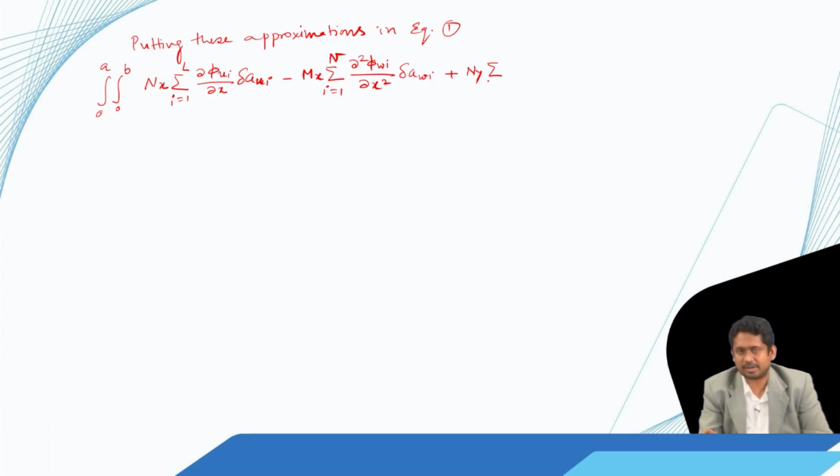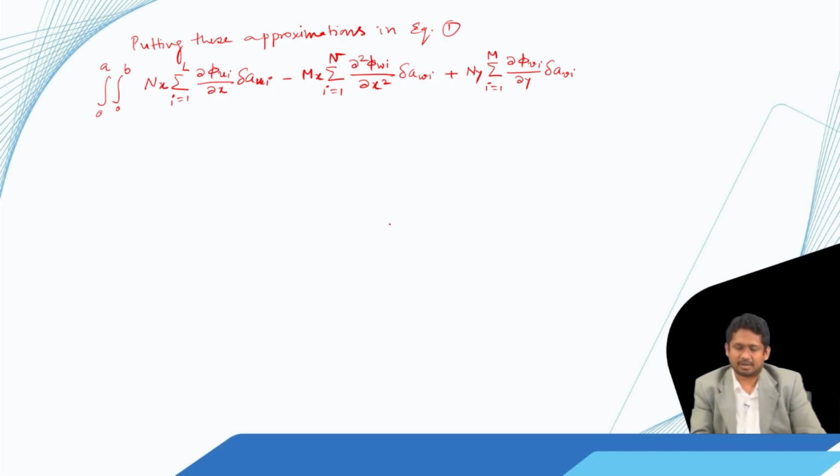Now here we have ny into del v0 by del y, so again the index going from I equal to 1 to m, then we have del phi vI by del y multiplied by variation of AvI, and then we have my multiplied by del 2 w by del y 2.